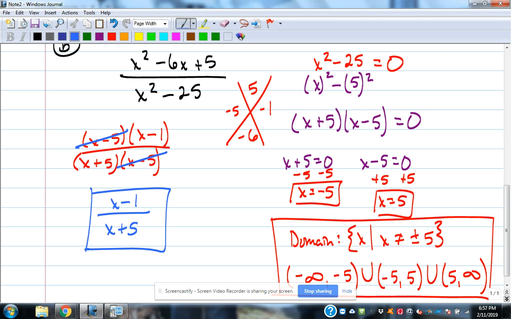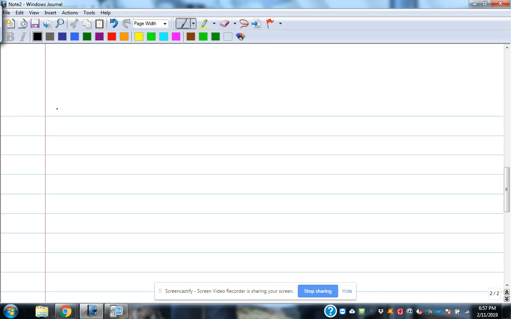Okay. Let's simplify a few more. 12x squared minus 30x over 4x squared minus 25.